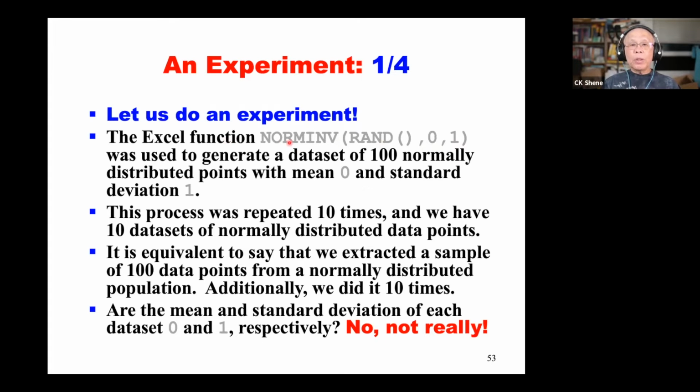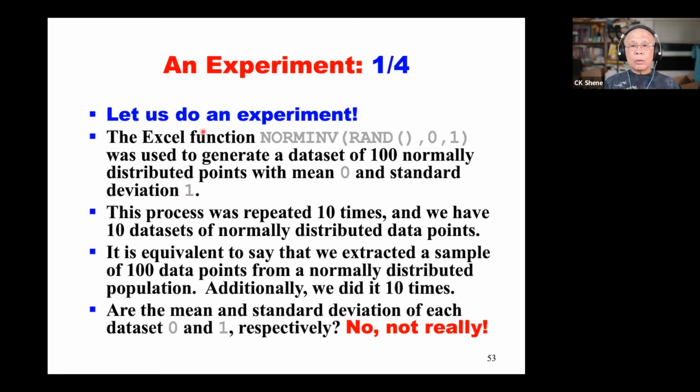So we use this function in Excel to generate a data set of 100 normally distributed points with mean 0 and standard deviation 1. In other words, we put this in one cell and repeat it 100 times. Therefore, we have 100 normally distributed data points with mean 0 and standard deviation 1.